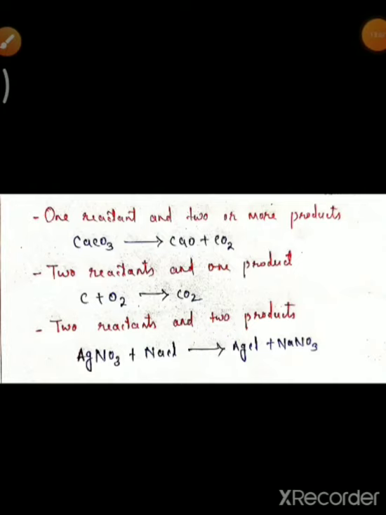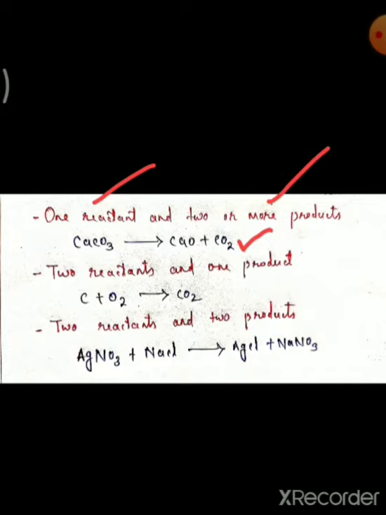Sometimes you will see chemical equations with one reactant and two or more products. You can see calcium carbonate gives rise to calcium oxide and carbon dioxide. So here you can see on the reactant side only one is there, but on the product side two compounds are there.